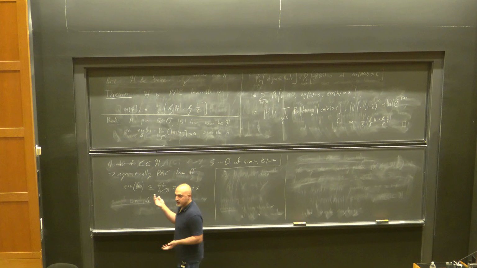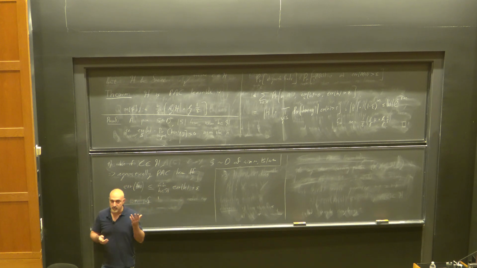Every single concept, doesn't matter what, belongs to C or is very close to C. So every concept I can think of is pretty much learnable in terms of PAC learnability or statistical learnability. Do you agree? But then what's the caveat? Why don't I always use statistical learning theory?